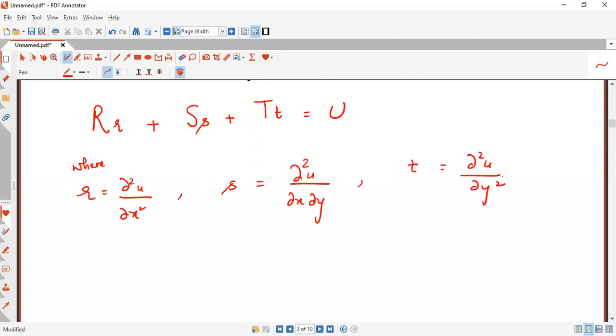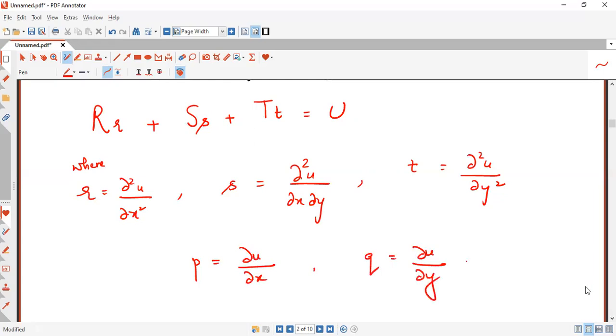Okay? What are capital R, capital S, capital T? They will be functions of x and y. And this capital U, what will it be? It could be a function of x, y, and u, or del u by del x, del u by del y, that means the p and q which we have considered in the second chapter already. Right?